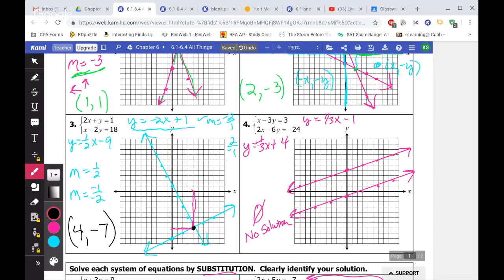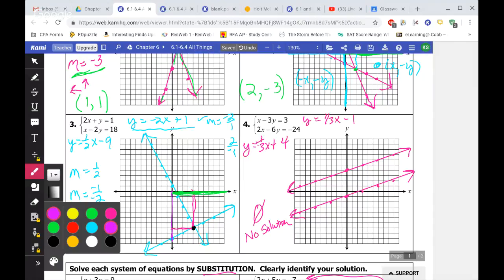So the coordinates are 4 and -7 because I went right on the x-axis, which makes that positive, but I went down on the y, which makes that negative. Remember, in this quadrant right here, my x is going to be positive and my y is going to be negative.